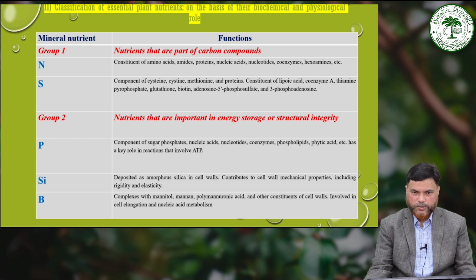In this table you see that the classification of plant nutrients could be categorized into four different major groups based on their physiological roles and biochemical functions. In group 1 there are only two essential nutrients, nitrogen and sulfur.